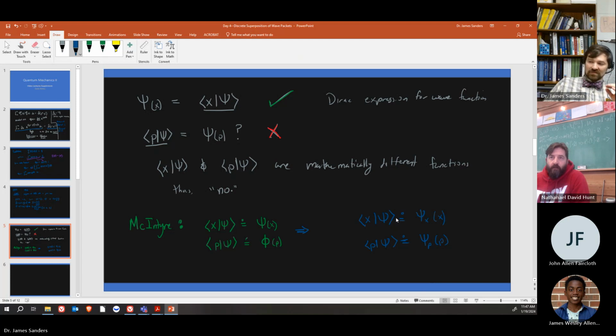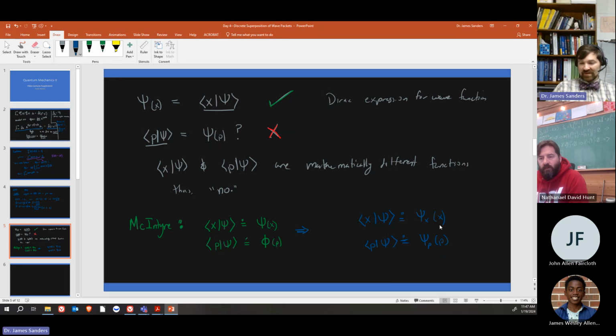But we're doing this in different bases. So in his case, he said, okay, to represent psi in the p basis, we will actually just call it phi of p, capital phi. And what I've said is, no, let's instead say that we are now representing it in momentum space, as this function here would suggest, but also that we're doing it with momentum representation.